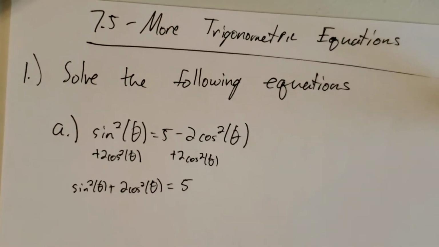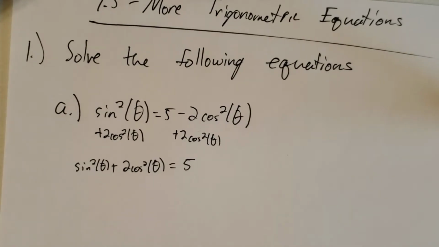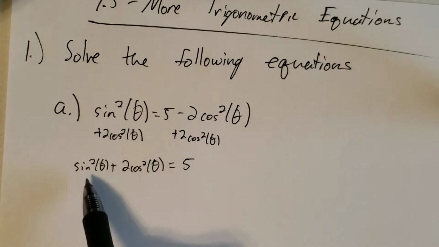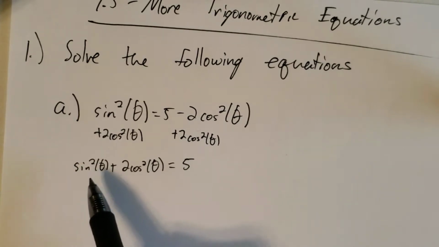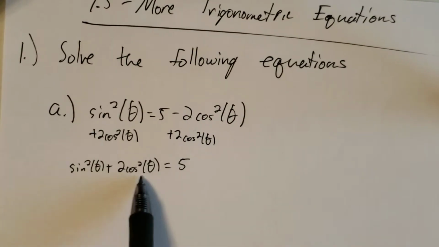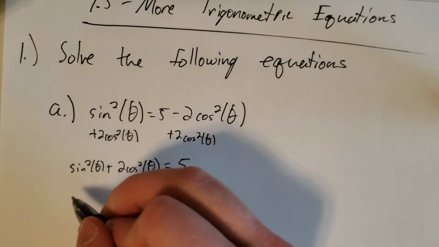Sorry, I was off the page, or off the video. So if we continue with this idea, we move this over. Well, we know that sine squared plus cosine squared is 1, using that Pythagorean identity. So we can separate this addition, right?